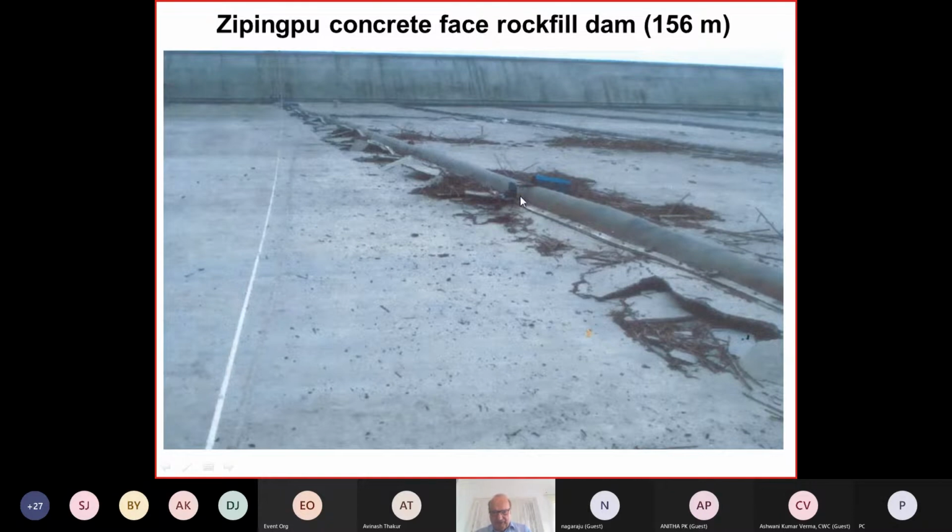So some special water stops have been designed which are capable of absorbing relative movements of several centimeters. Otherwise, in concrete dams, the movements we expect are one order of magnitude less than in the case of concrete face rockfill dams.